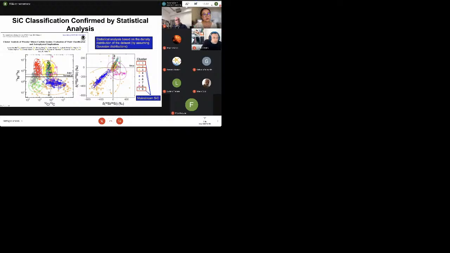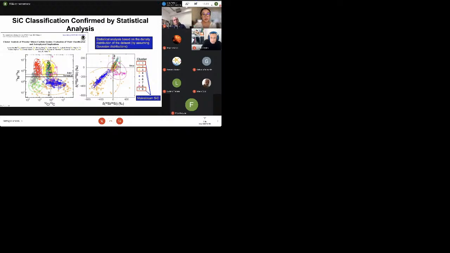The algorithm defines a cluster by simultaneously searching for a group of grains with a Gaussian density distribution in this four-dimensional space.